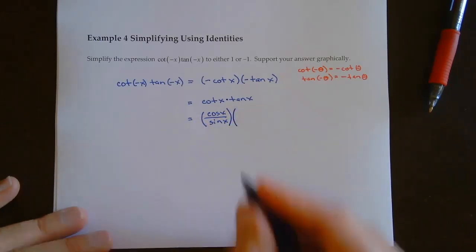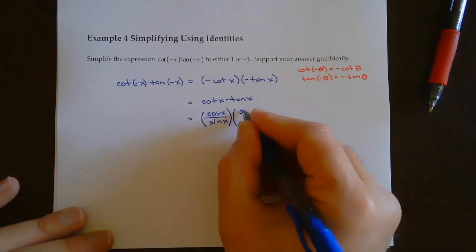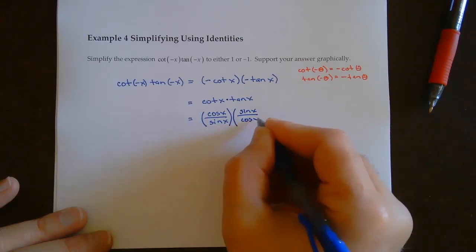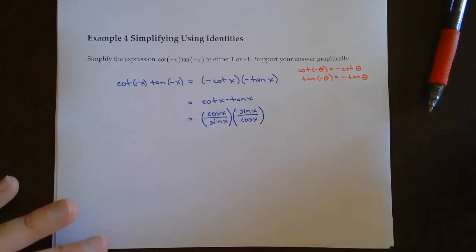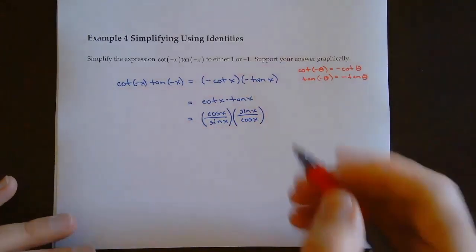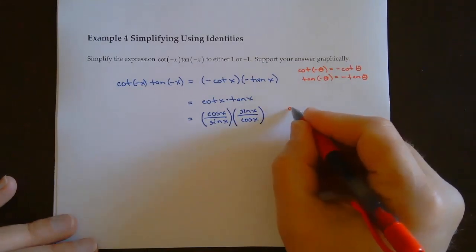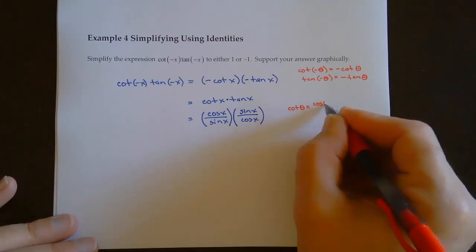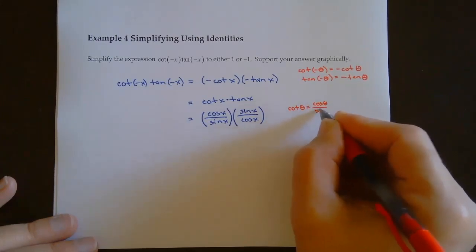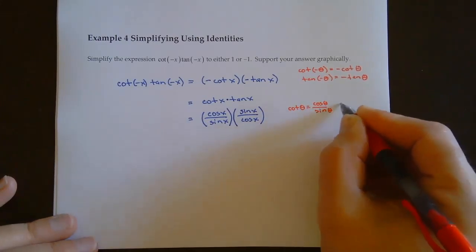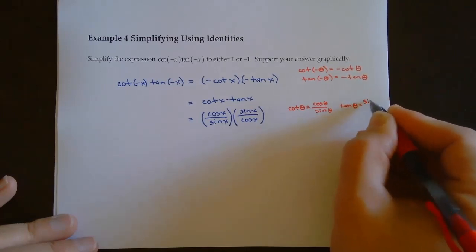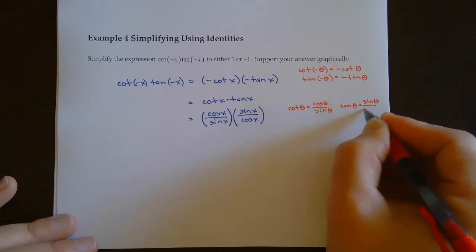Well, tangent of x could be written as sine of x over cosine of x. And the two identities that I used were cotangent theta is equal to cosine theta over sine theta, and I also used tan theta is equal to sine theta over cosine theta.